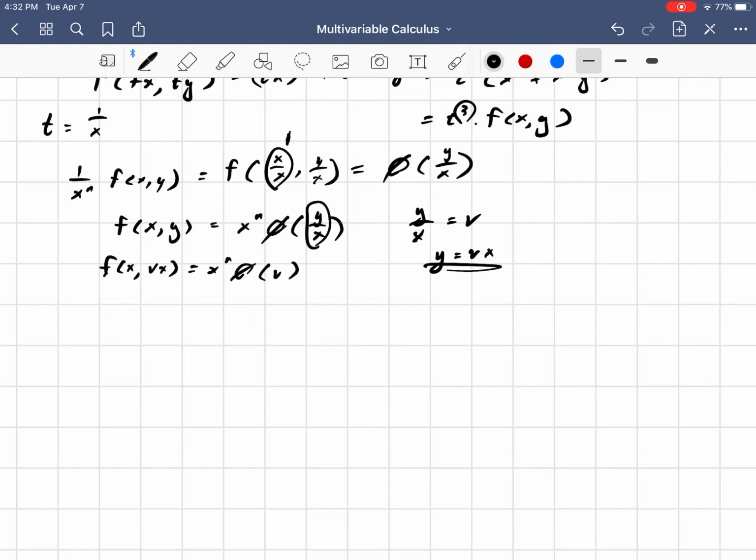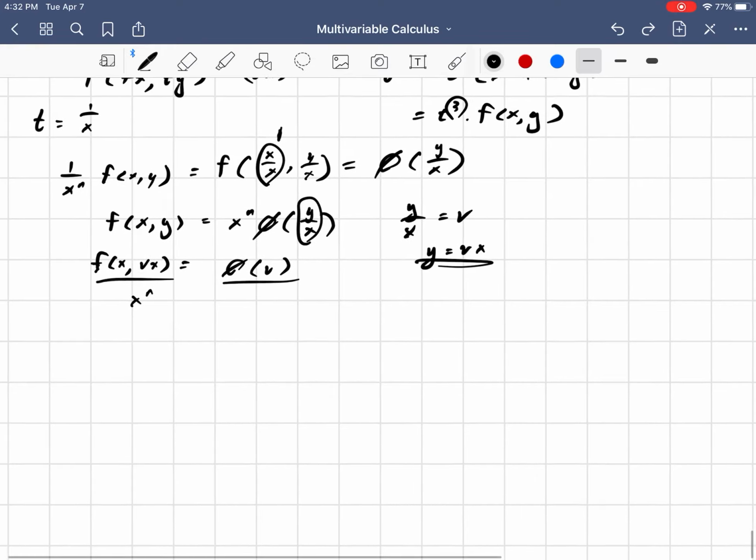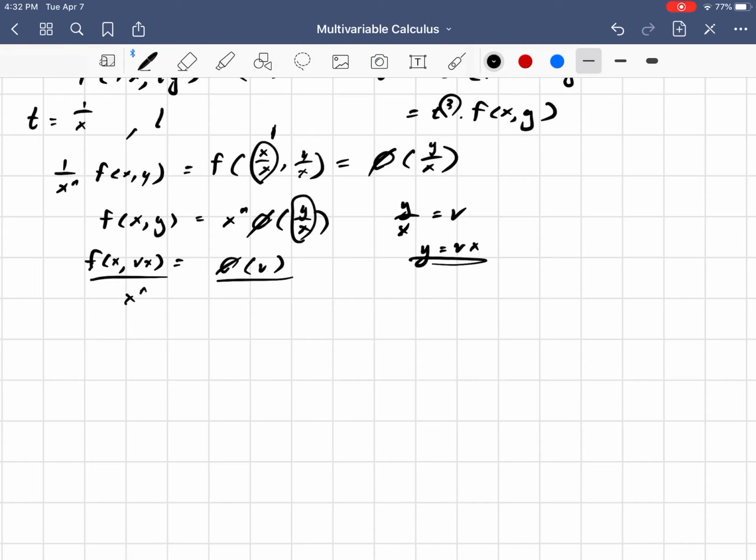That is separable already. See, this is only in terms of x, so we could just divide by x to the n here, and then this is only in terms of v. So the whole side here is in terms of x, the whole side here is in terms of v, and so you can integrate both sides and get a solution to the differential equation.